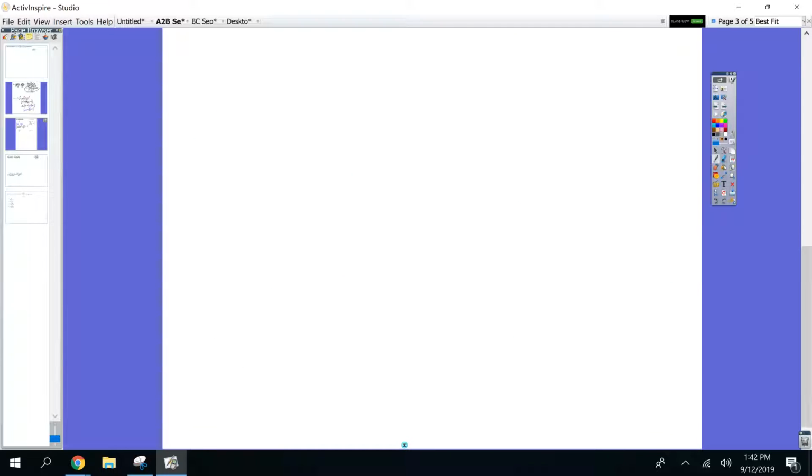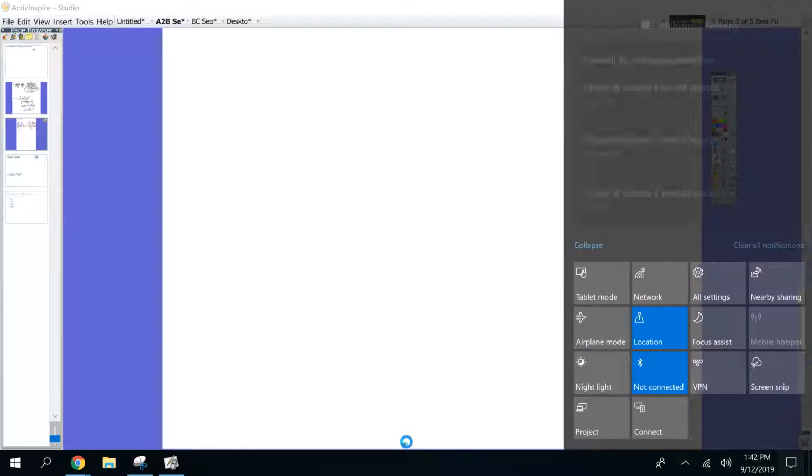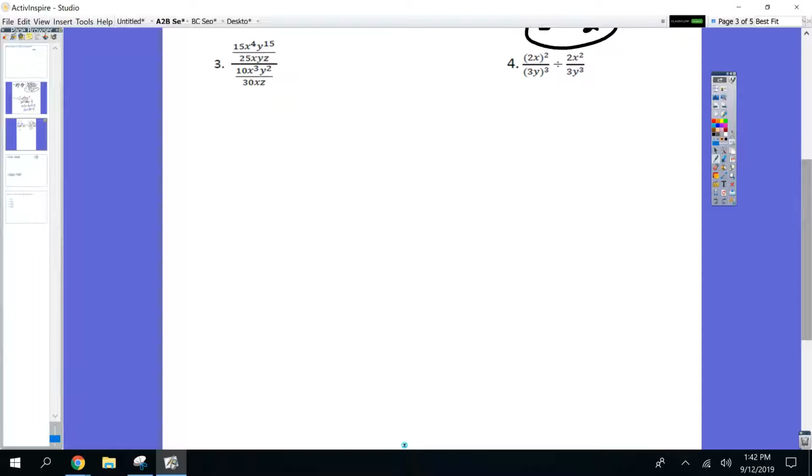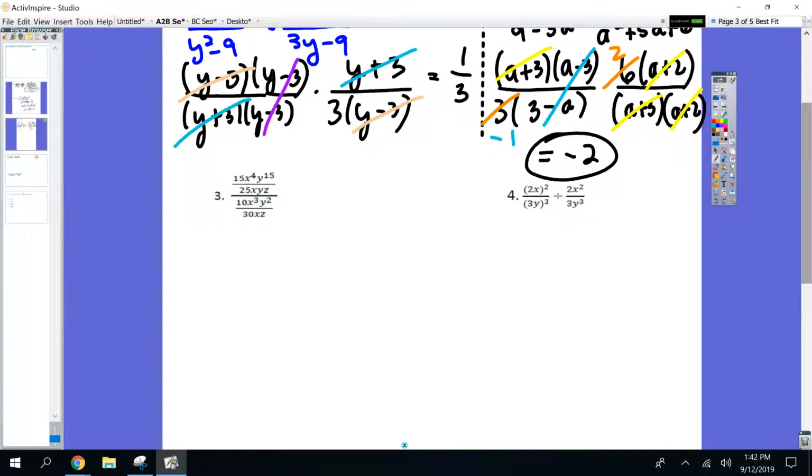Now 3 looks pretty darn intimidating. Wow, it does look pretty intimidating. It's not at all, because all I did to you was write it differently. Right here, take a look. What's that a different symbol for? That's all that is, division.